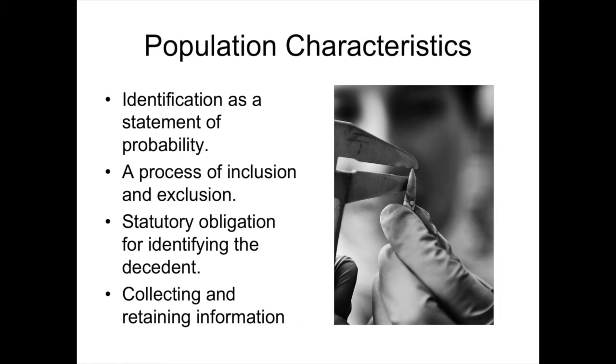personal and private information. So in most regions, law enforcement is statutorily obligated to establish the identity of a decedent, of an individual who has died, and they also have to establish a cause of death.